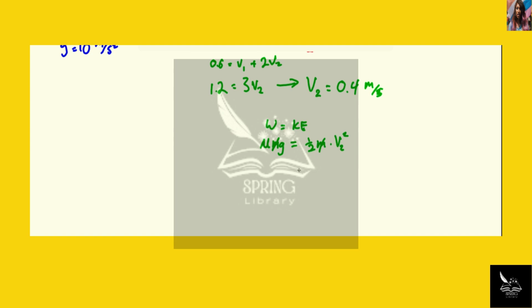If we solve for distance, we end up with v2 squared over the coefficient of friction times g times 2, because of this 1/2. In this case, our velocity was 0.4, so we square 0.4 divided by 0.2 times 10 for g times 2, and we end up with a distance of 4 centimeters.